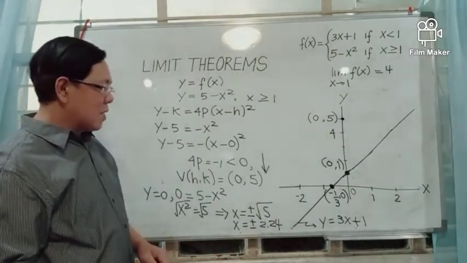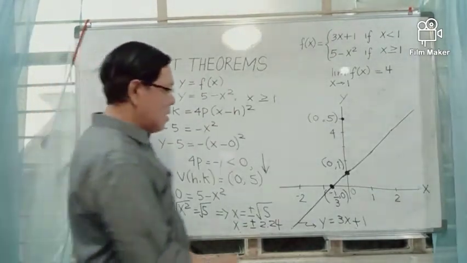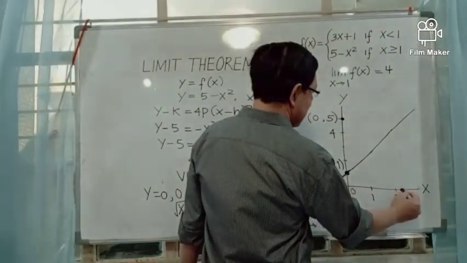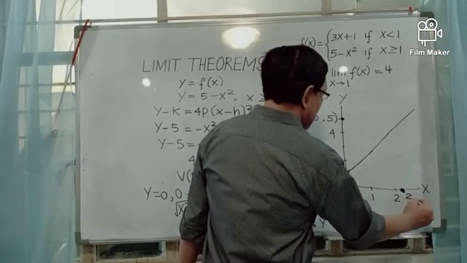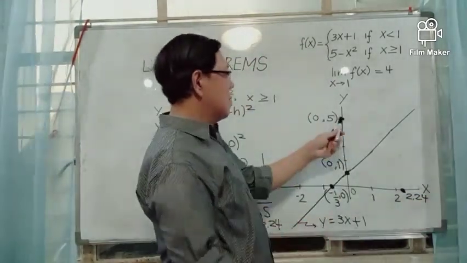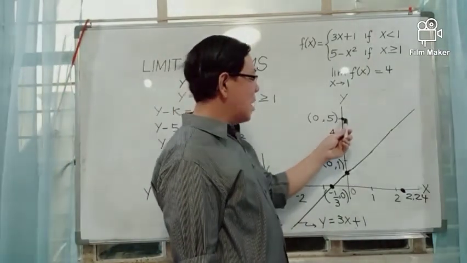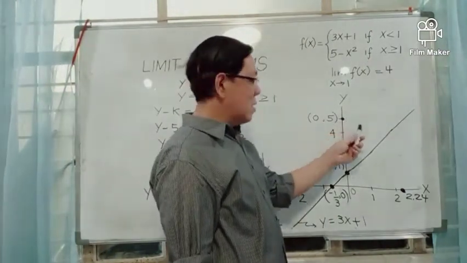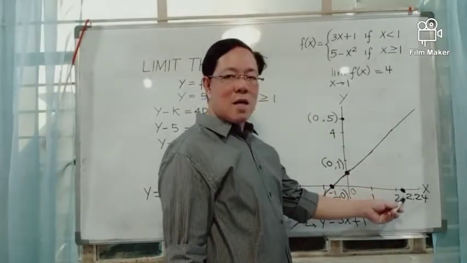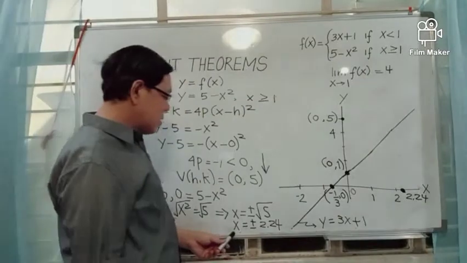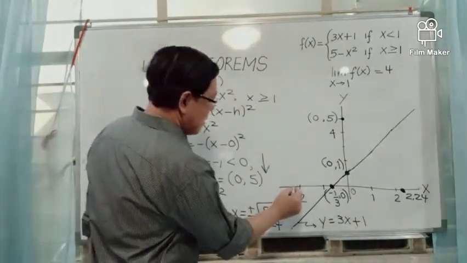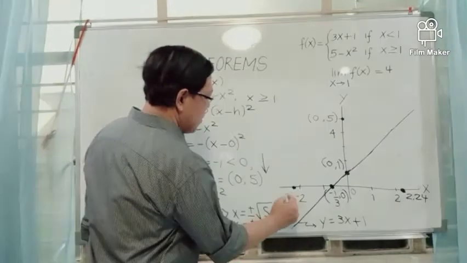We approximate 2.24. This is 2 units. Suppose this is 2.24. From this vertex, the parabola will go downward, and it will pass through this point on the x-axis. The other x-intercept is negative 2.24. We approximate negative 2.24.